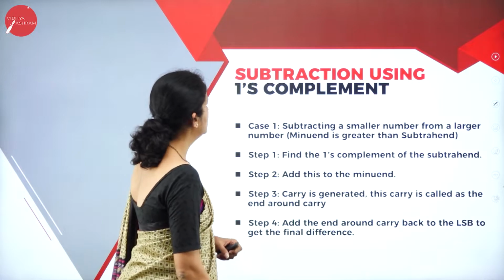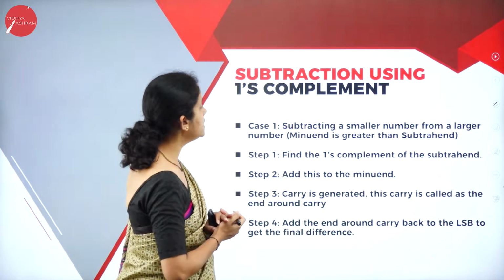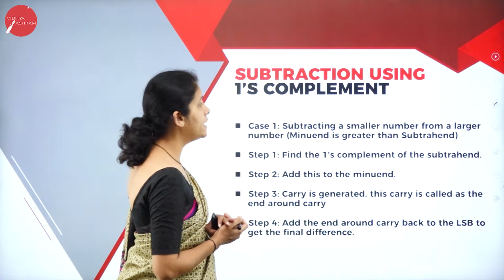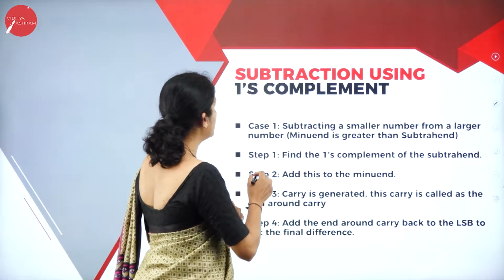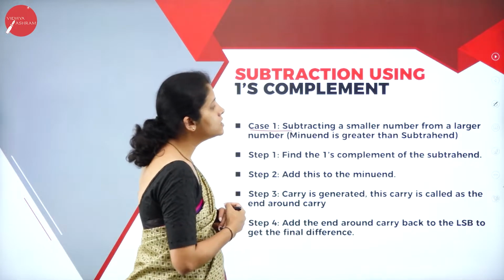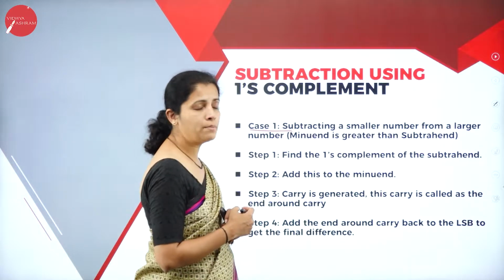Now, suppose I want to perform binary subtraction using ones complement method, then what are the cases I'm having? The first case here is subtracting a smaller number from a larger number.